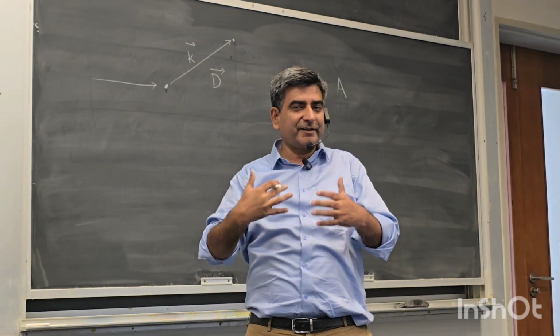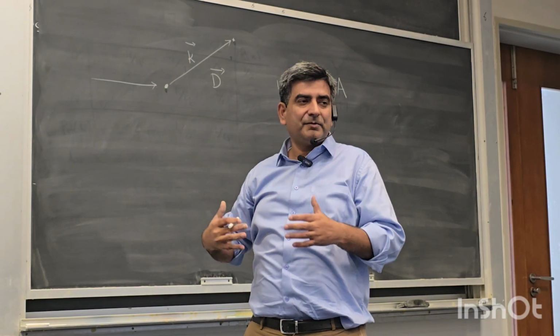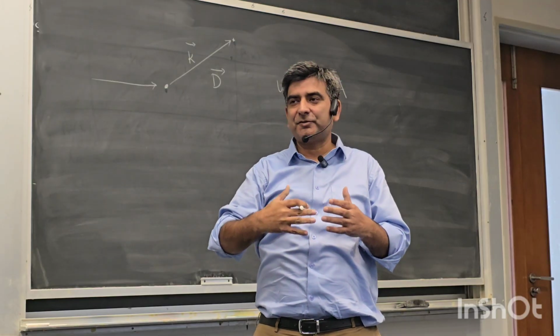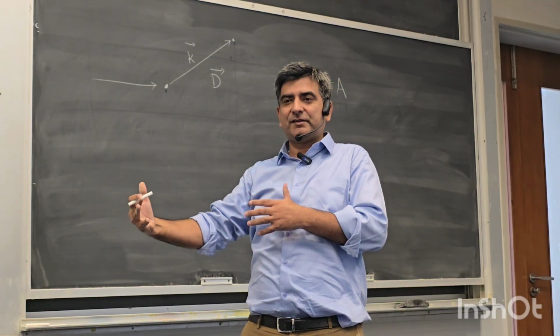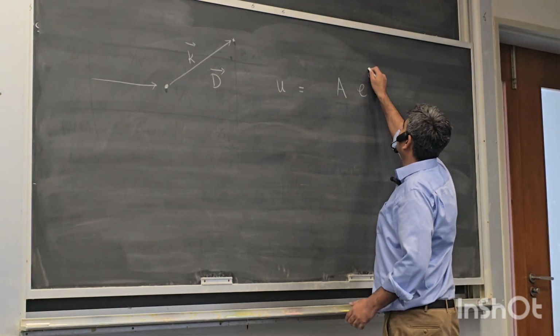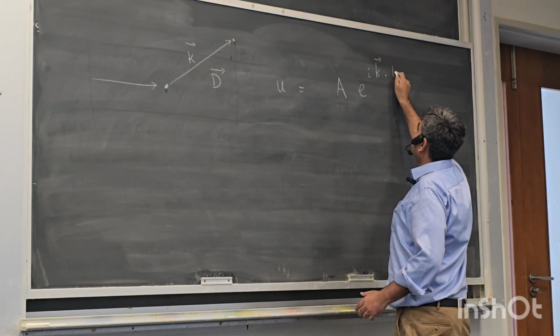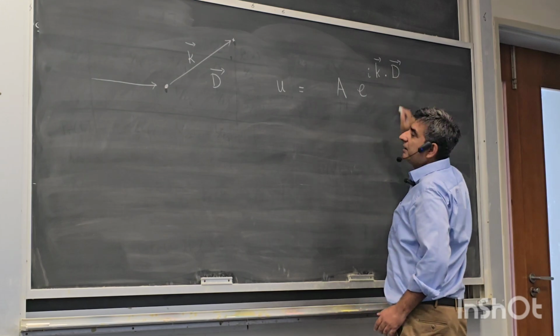Certain phases allow destructive interference in certain directions, so that scattering only happens at certain angles. So there has to be a phase, and that phase of course is e to the i k dot d.